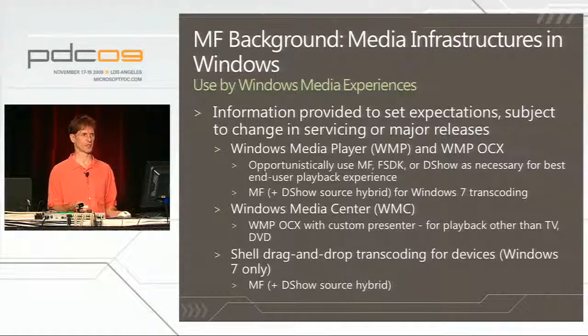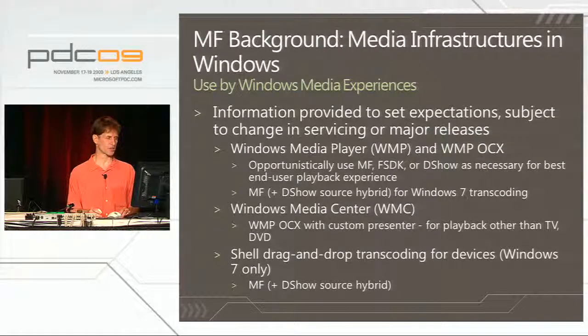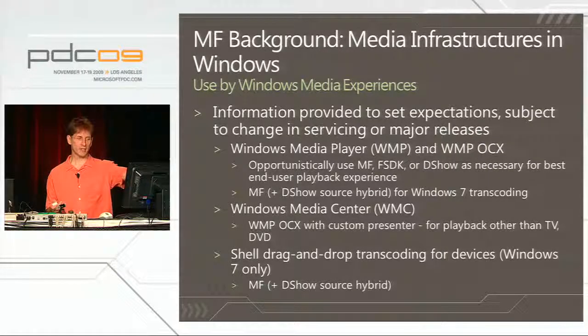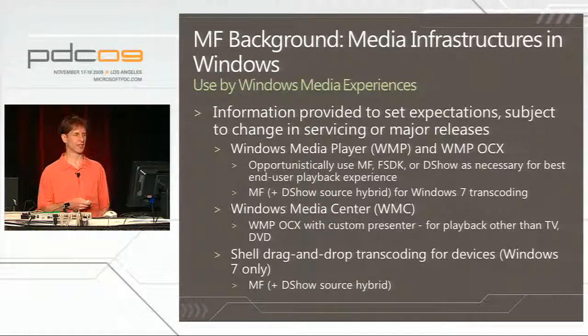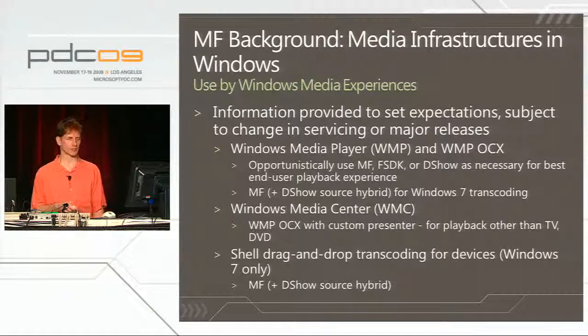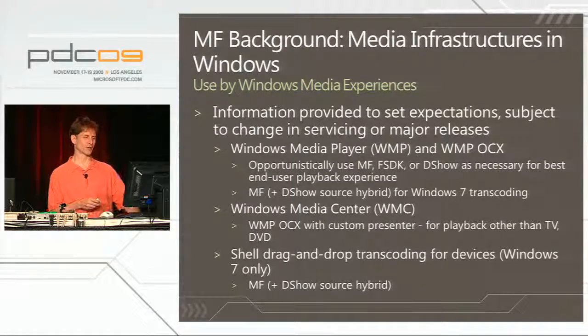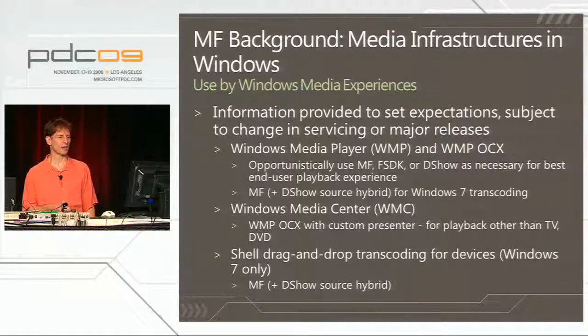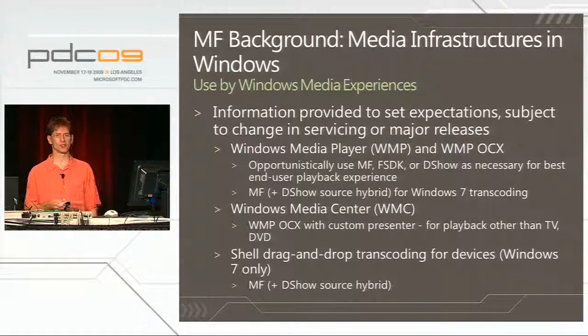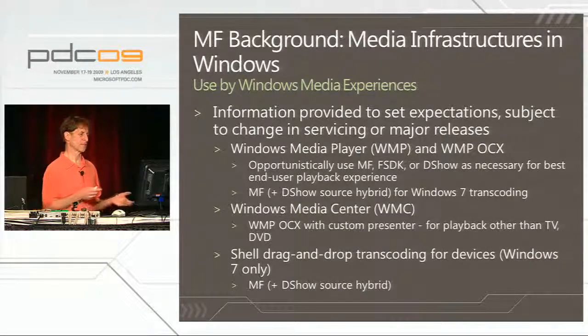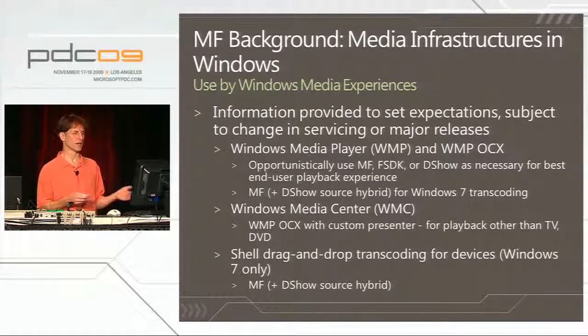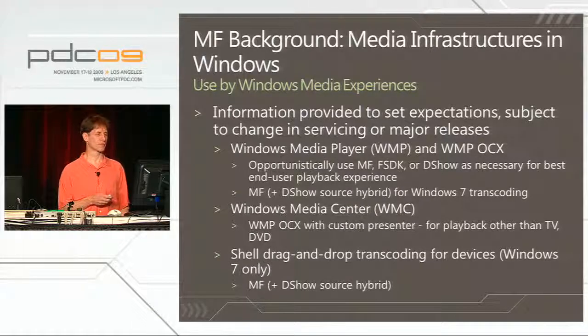So extensibility could be assumed from DirectShow itself. But in reality, how we use the technology in Windows 7 is we make use of any of the three main infrastructures that I've talked about, a tiny bit of VFW, as required, just to get the best end user experience. And I mentioned that WMP is making use of MF for transcoding.